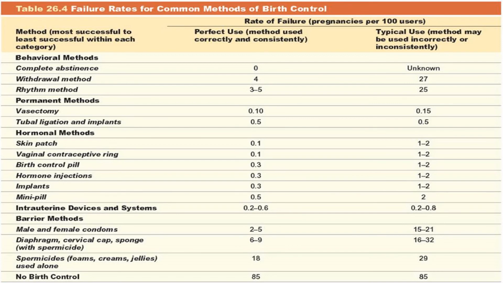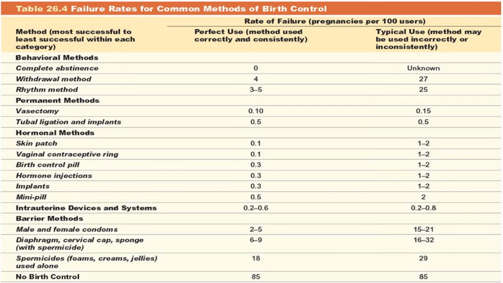So here we've got this table that shows the methods and the failure rates. Now, the rate of failure, if it is used consistently and correctly, you see that the only perfect one is complete and total abstinence.